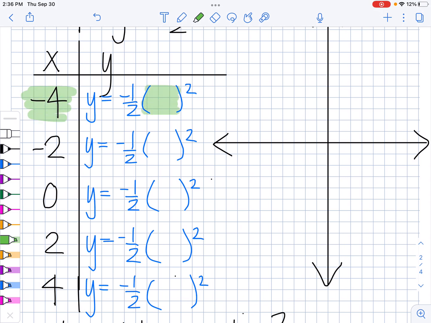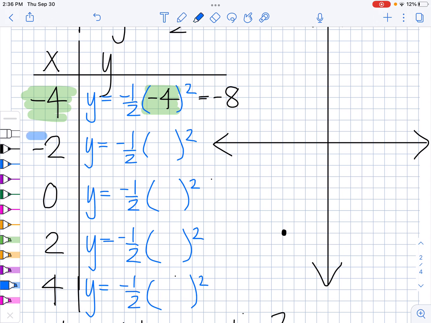I plug in -4 right here. -4 squared is +16, and 16 times -1/2 is equal to -8. So I'm graphing the point -4, -8.